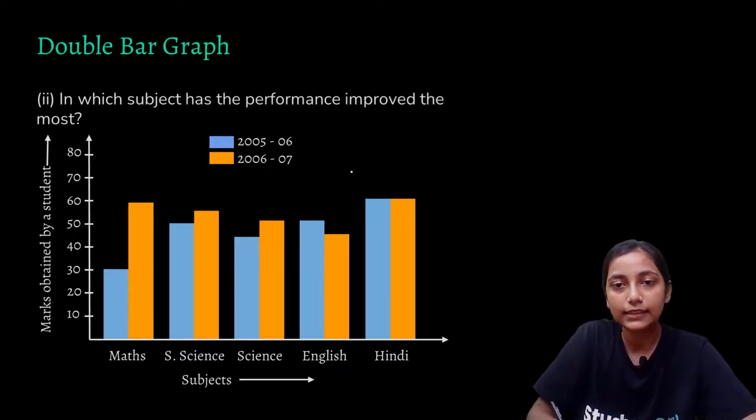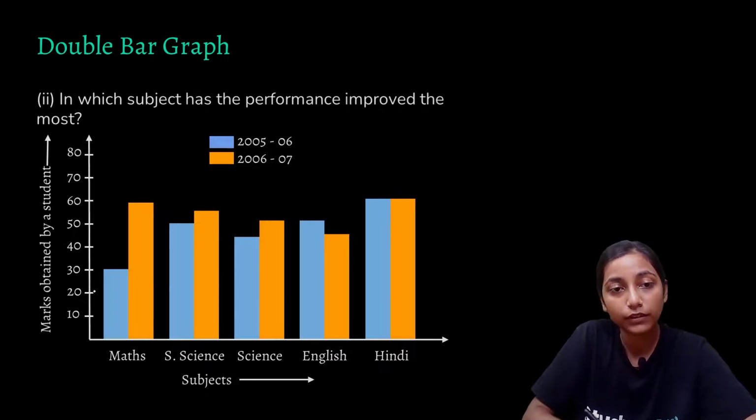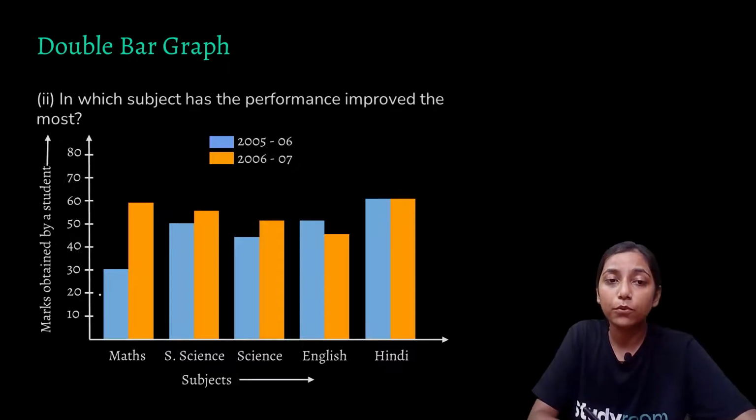You can see that this has the same height, so there was no improvement in the performance, while here in 2006 and 2007 the performance was worse than in 2005 to 2006. In this the performance improved, in this also the performance improved, and in these 2 the performance improved drastically.